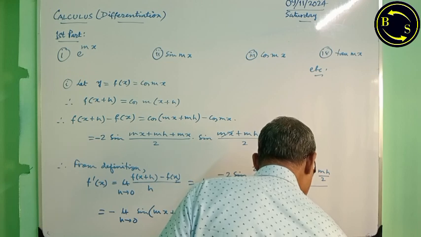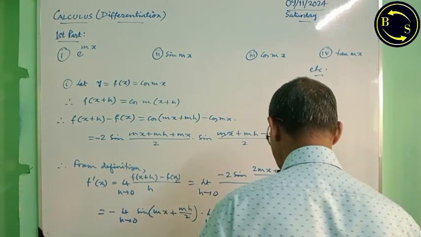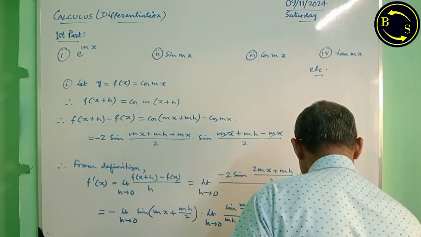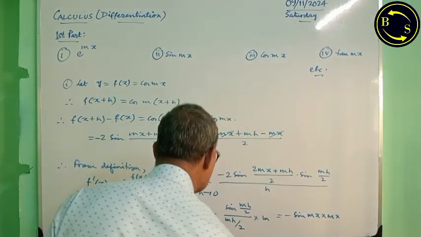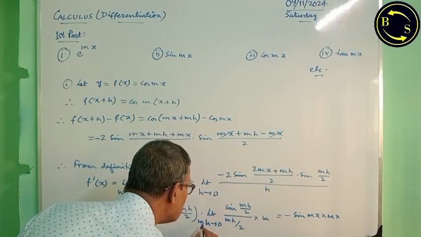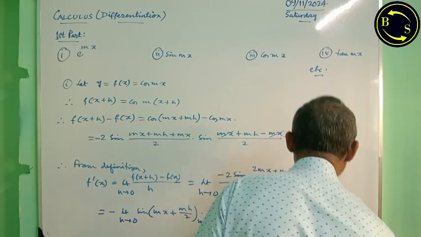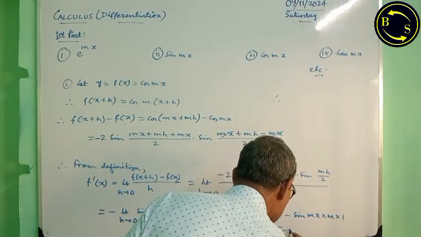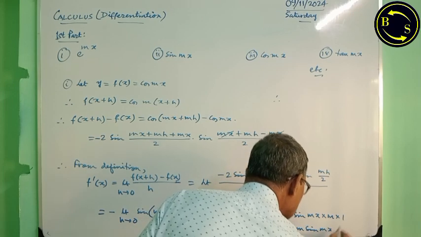Therefore minus sin mx into this m, and this is the standard limit. Here we can write mh by 2 tends to 0 into 1. Therefore finally this one is minus m sin mx.